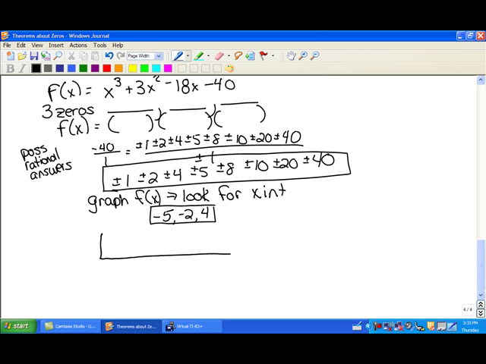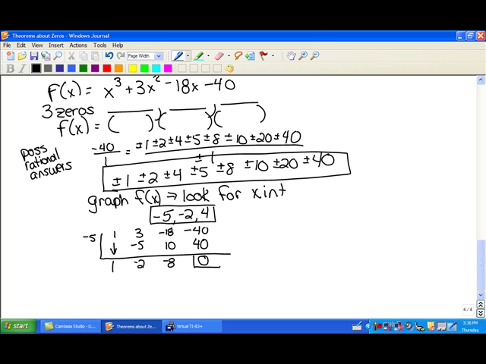Set up for your synthetic division using the coefficients of your original function, which would be 1, 3, negative 18, and negative 40, and choose one of the x-intercepts to start with. Let's start with the negative 5. Perform that synthetic division, drop your first number down, multiply and add, multiply and add, multiply and add.